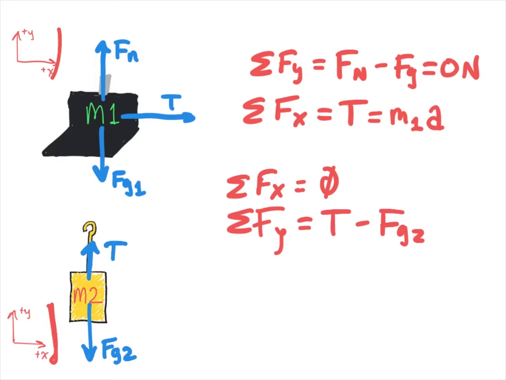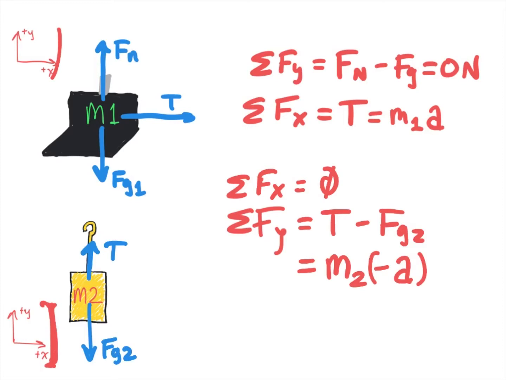However, if we take a look at our expression for the forces in the vertical direction for mass 2, we realize that we can actually simplify this in terms of, again, the mass of the object, mass 2, and its acceleration. Now, because this is accelerating downward, I'm going to refer to the acceleration for mass 2 as negative, because again, I'm using the conventions set up by my axis system.